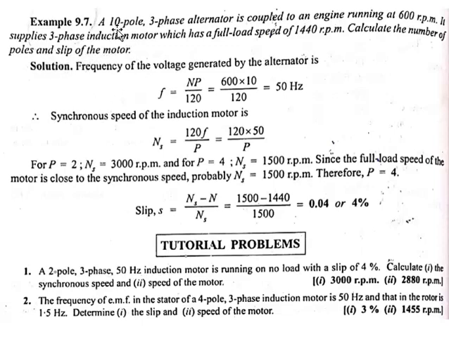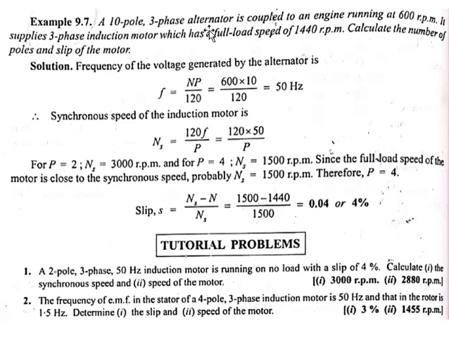Again you can see here the alternator is coupled to an engine running at 600 rpm. So how is the alternator running? See, the first scenario is this alternator is supplying our induction motor, and how is this alternator being driven? It is being driven by some mechanical device. What is an alternator?